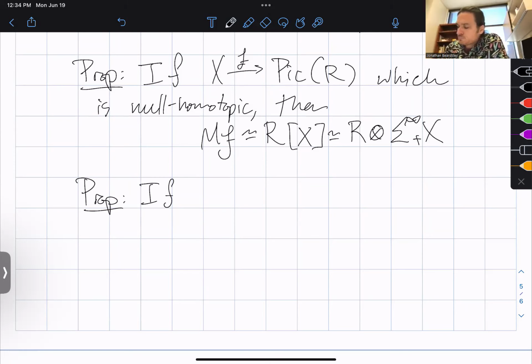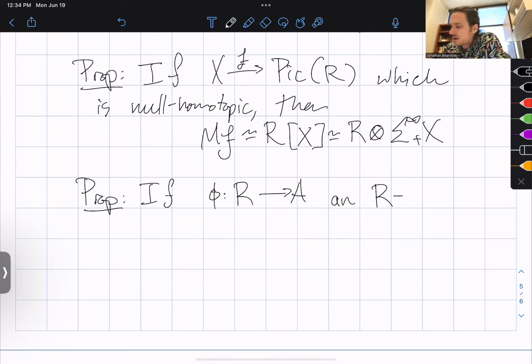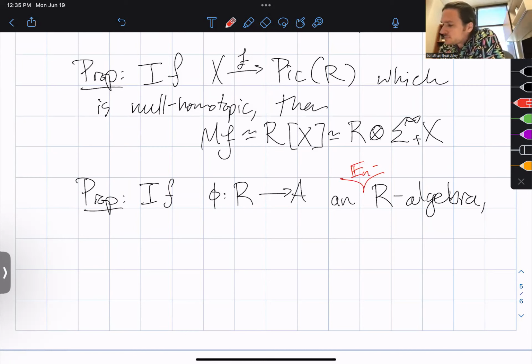On the other hand, if you give me phi from R to A, an R algebra, or a map of commutative, or I guess in this case, I just want to say E_n R algebras in general.